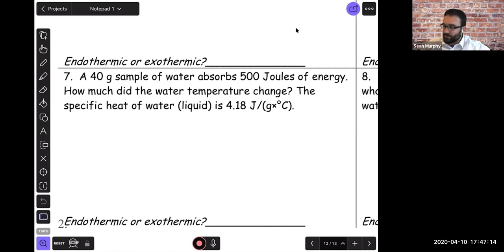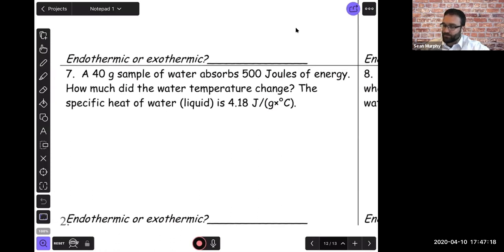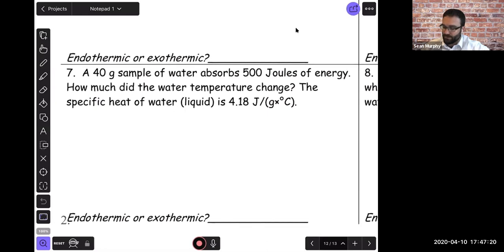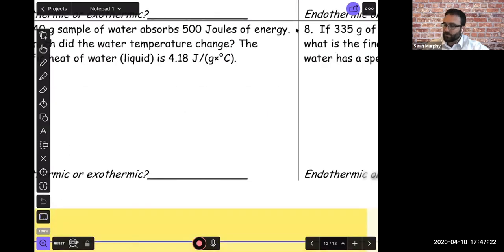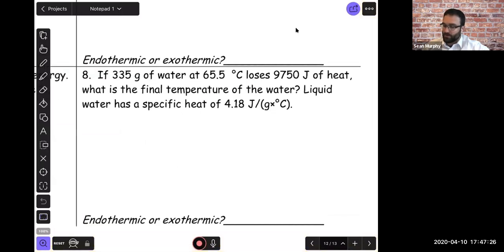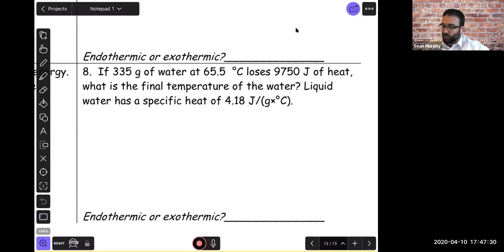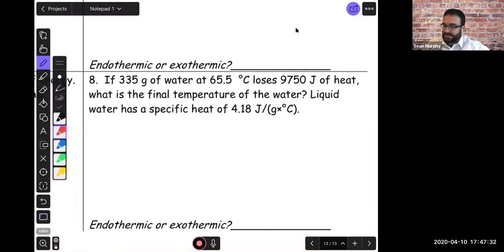335 grams, remember we have our, oops, dang it, we forgot to finish our problem. All right, so remember, for the one we previously just did, if it absorbs heat, it's going to be positive.